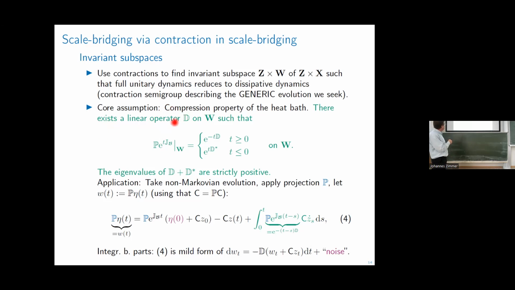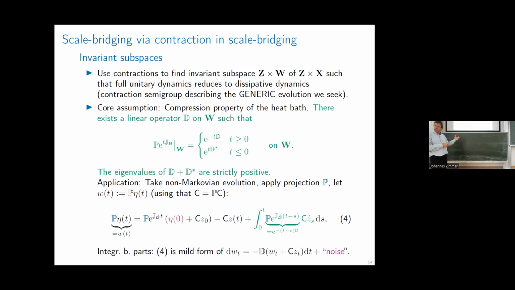Namely, there is a linear operator B on a subspace W of the heat bath, or whatever space we're looking at, Z times H in the end, such that if I take the big group, look at the corresponding evolution, and then project, I get a dissipative group, with assumptions on the eigenvalues.